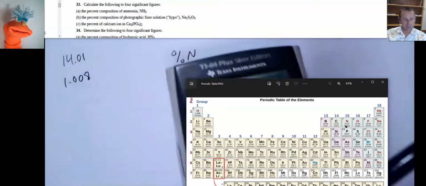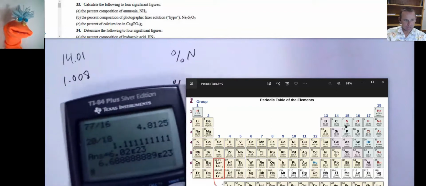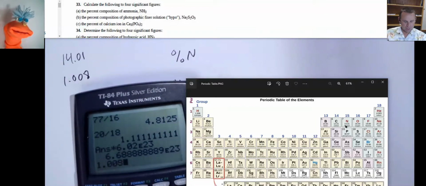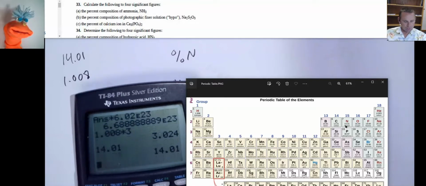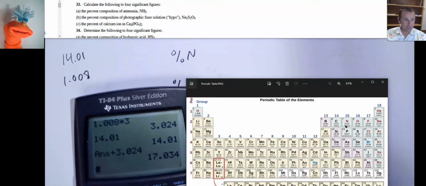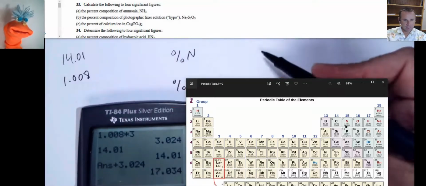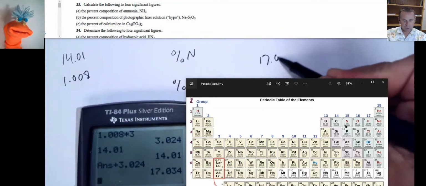Okay, 3 of those hydrogens, so 1.008 times 3 plus 14.01. All right, so we got 14.01, plus this number here. All right, 17.034, and we're going to only have 4 significant digits there, 17.03. And now that's our total mass, 17.03.